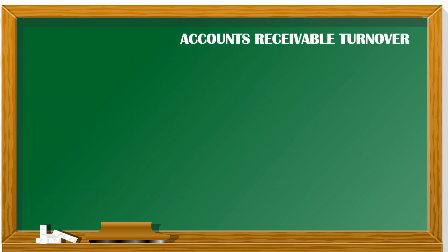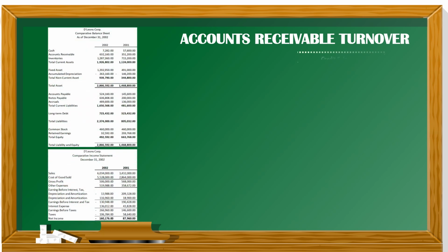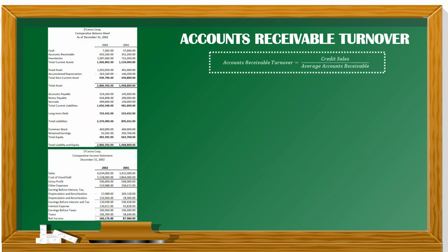Okay, so first we're going to have the first type of efficiency ratio, that is accounts receivable turnover. The formula for that is credit sales divided by its average accounts receivable. Now here in our example, the De Leon Corp, the given is only the total sales, so we will be assuming here that 40% of the total sales are made on credit.